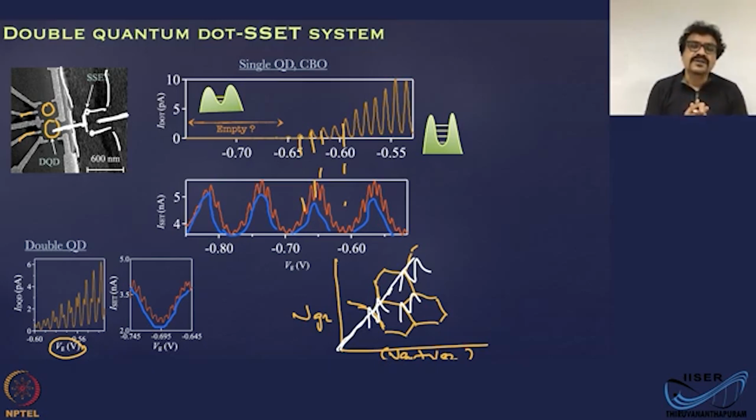But what you are doing here is you are using the strong nonlinearity of the Coulomb blockade oscillation to sense the charge fluctuation in the nearby device, okay. And I just want to mention here that these single electron transistors are a lot more sensitive compared to the quantum point contact transistors that we have discussed in the previous lecture.